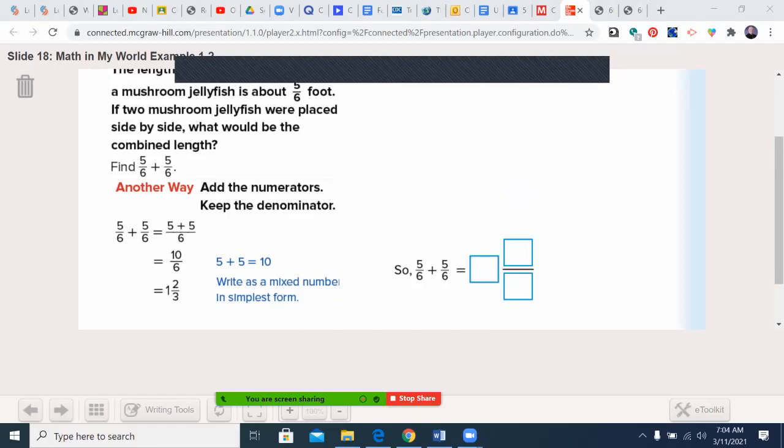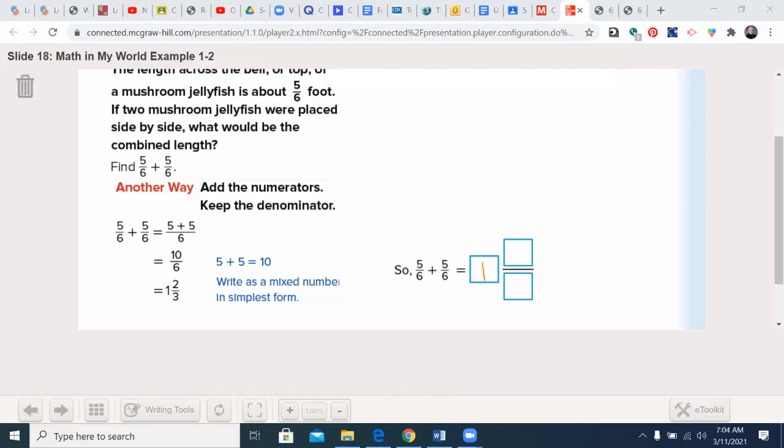Now, as you recall, 6 goes into 10 once, and there's a remainder of 4. I write that 4 as the numerator, and I keep that divisor as my denominator. So I have 1 and 4 sixths. However, 4 and 6 have a greatest common factor of 2, and they're both even numbers, so I could start there. 4 divided by 2 is 2. 6 divided by 2 is 3.